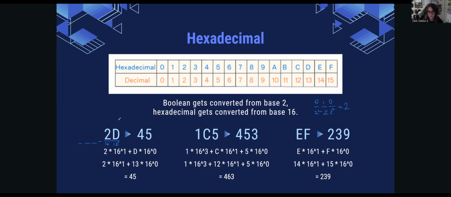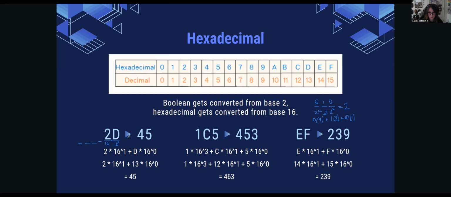Another difference is that instead of ones and zeros, we are counting a different number of how much we're multiplying by. If we were to write this binary out, it would be 0 times 4 plus 1 times 2 plus 0 times 1.